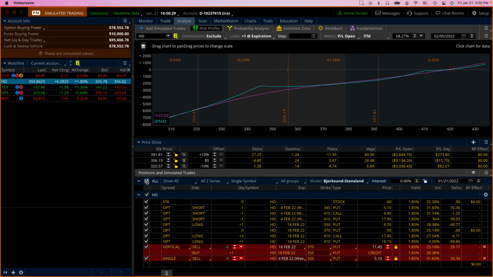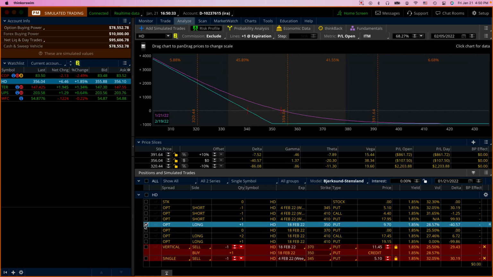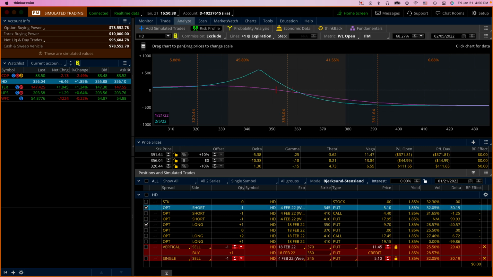So then that little portion of it becomes a diagonal. You can look at it like this. Select the 350 and select the 345. That's a diagonal. It's still bearish. As the stock continues to go down, it could land in the cone here, and my short, the February short, could expire worthless because it has 2 weeks to go, but the long goes all the way to the 18th, so it has more time to work.